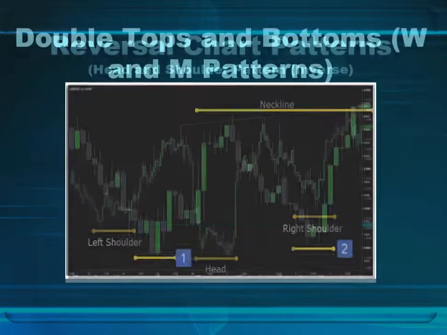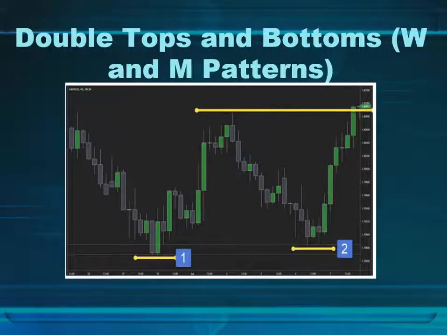Now another pattern is the double top and double bottom, that is the W and M pattern. These are simple patterns and the names are accurate. Price plots two tops or bottoms in the same price zone. This is a double bottom.